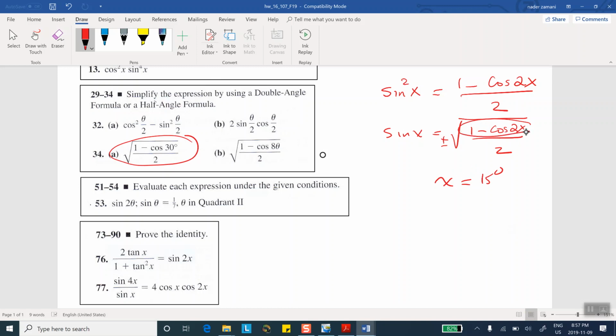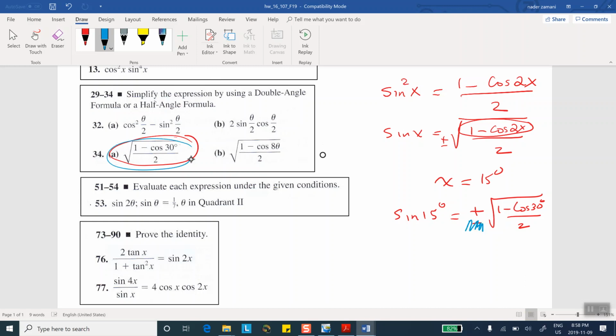Just look: 1 minus cosine of 2x, 1 minus cosine of 30. So x is 15 degrees. So sine of 15 degrees equal to plus or minus square root of 1 minus cosine of 30 degrees over 2. However, sine of 15 degrees is a positive number because 15 degrees is in the first quadrant, therefore the sign is positive.